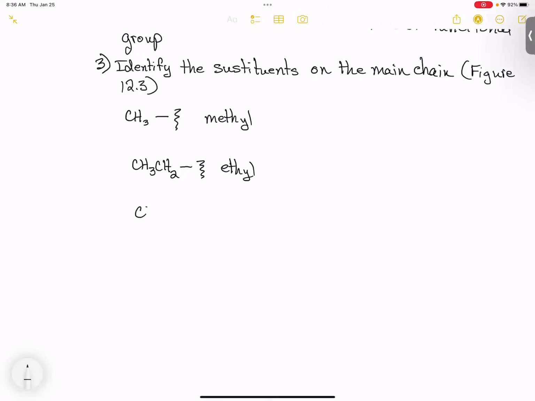The next one is CH3 CH2 CH2. And what was a 3-carbon alkane called? Propane? Well, this is propyl. Now it's going to get a little bit more complicated.